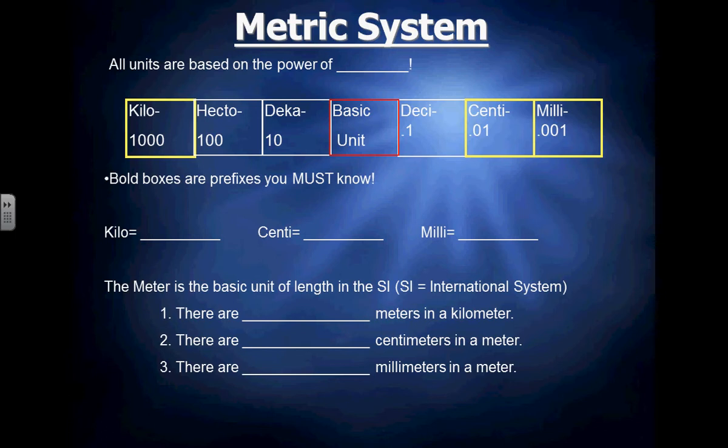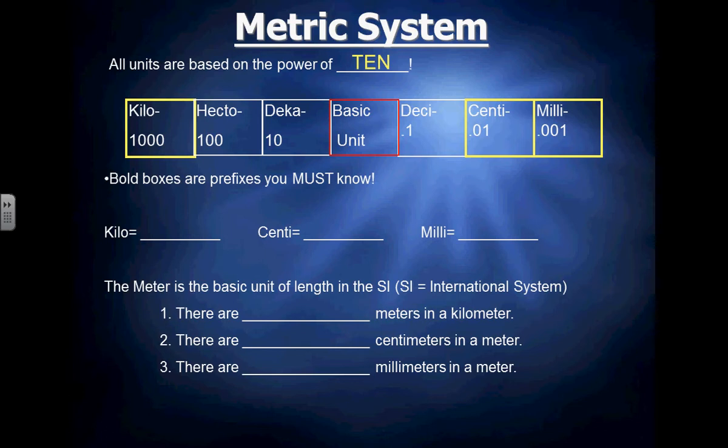So as many of you said in our question of the day today, the metric system is a system of measurement where all of the units are based on a power of 10. Based on a power of 10, which is convenient because our Arabic numerical system that we use is also based on 10. We count to 10 and then we go to the next unit.